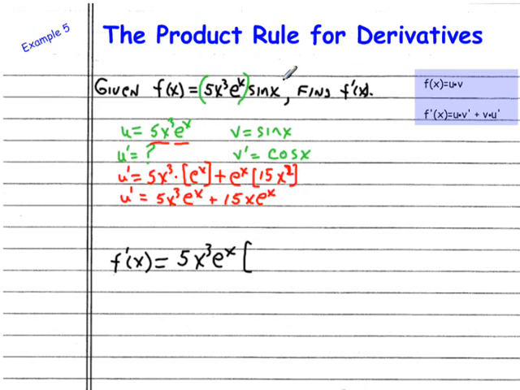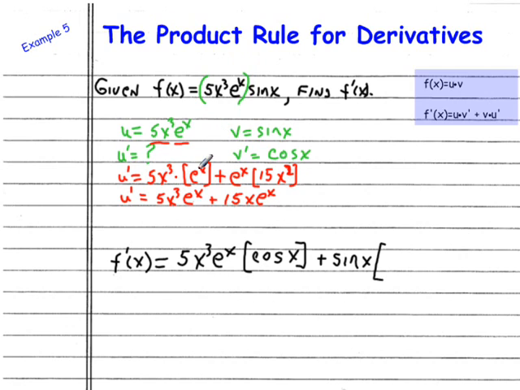Well, in this case, the second function is sine x, its derivative is cosine x. Plus second function, say that's v, so second function sine of x times derivative of first function. Well, here's the first function.